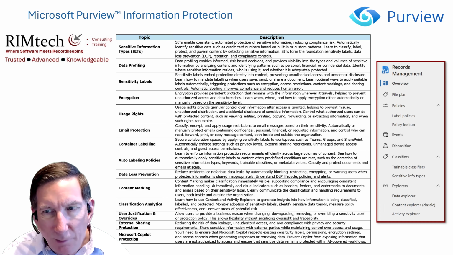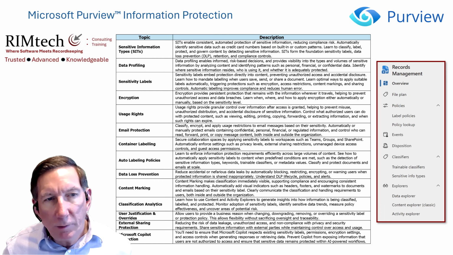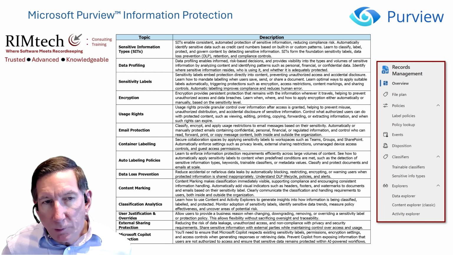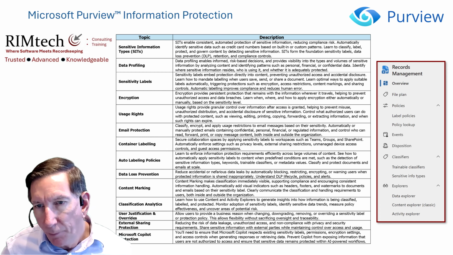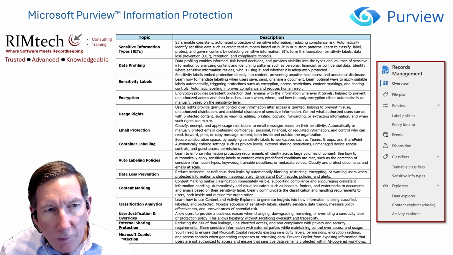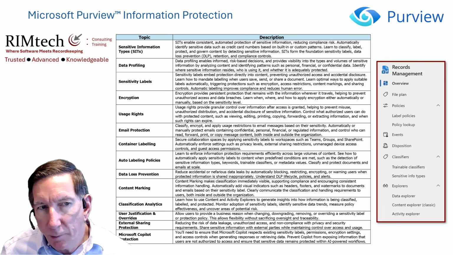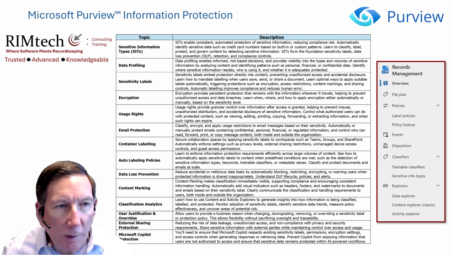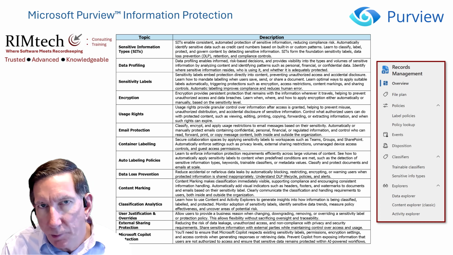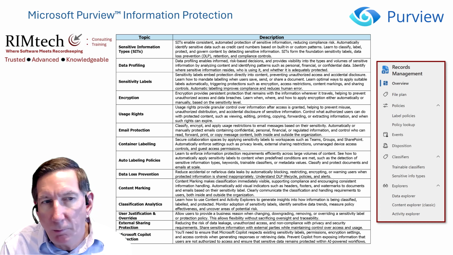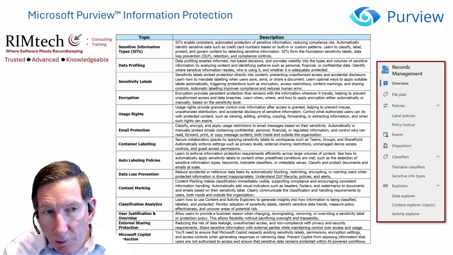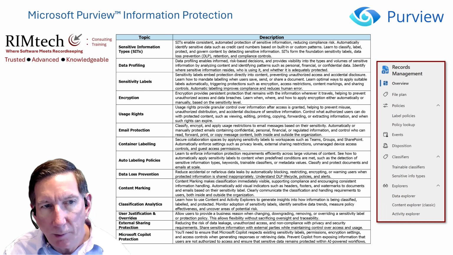So how do we identify sensitive information? Well, there are several methods, and which method you use depends on your goals. For example, we could use simple pattern matching, kind of crude, but it works. Trainable classifiers, which is very basic AI, machine learning, but it's really advanced pattern matching.